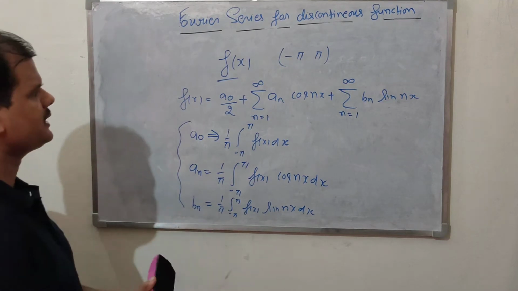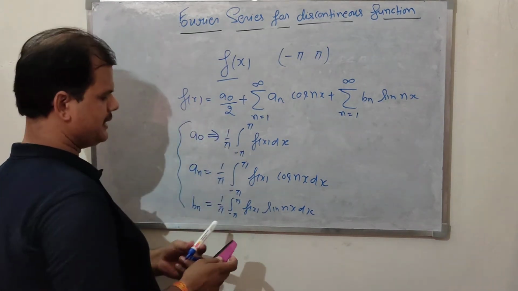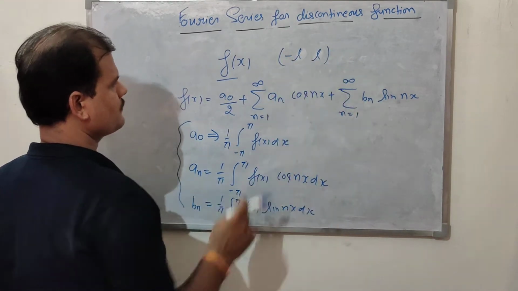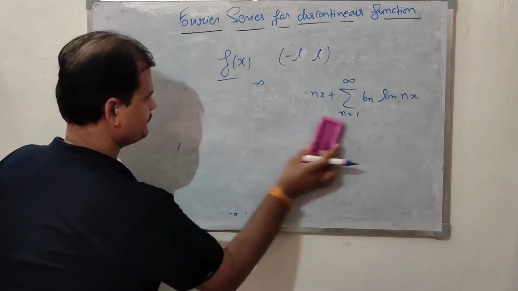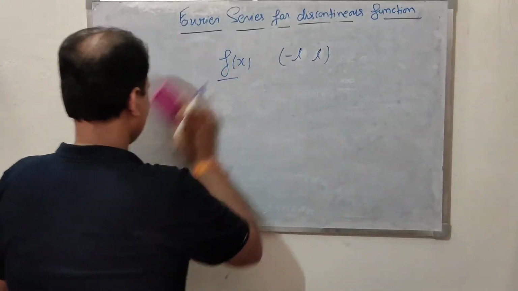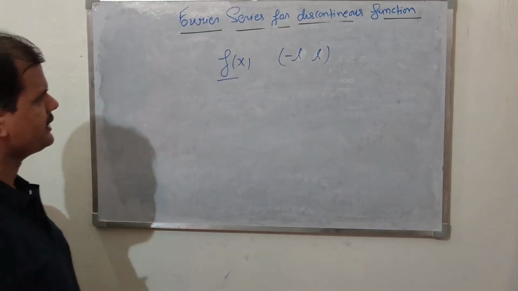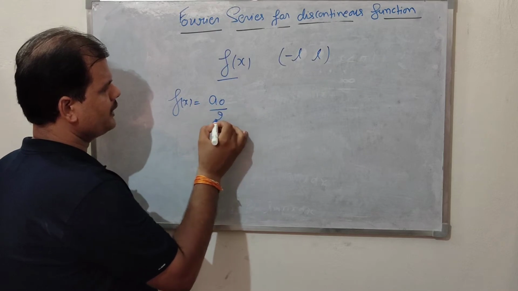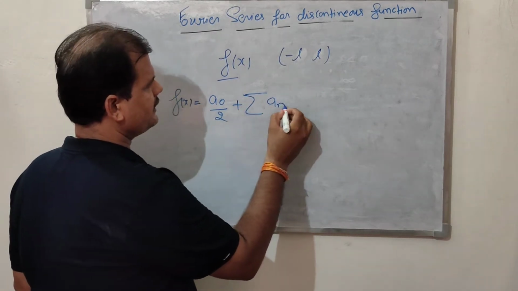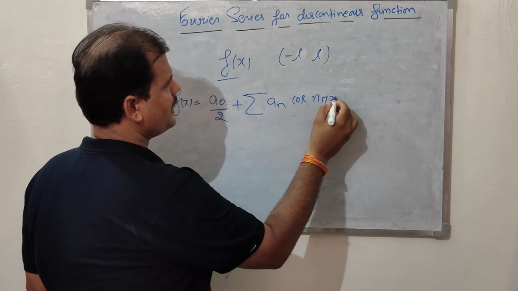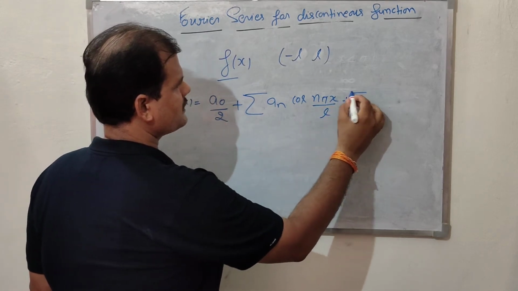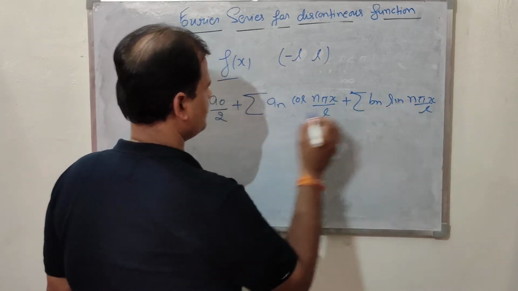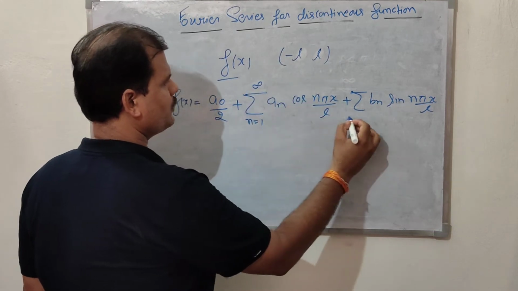Now let us change the interval to minus L to plus L. Your f is a periodic function on minus L to plus L, so your Fourier series f(x) will be a0 by 2 plus summation an cos n pi x by L plus summation bn sin n pi x by L. Here the summation varies from 1 to infinity.